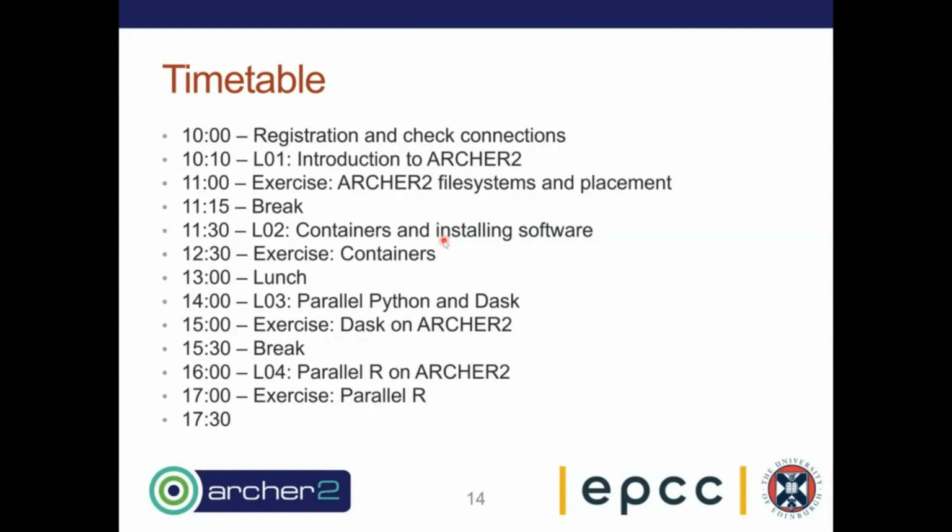But applications that have more complex dependencies, need lots of libraries, need lots of different languages, or large-scale Python things may be harder to install on the system. And there we can use this concept called containers, which lets us effectively run our applications inside a mini operating system designated for that application, and that can be easier to install software inside, easier to port in more complex software onto the system.